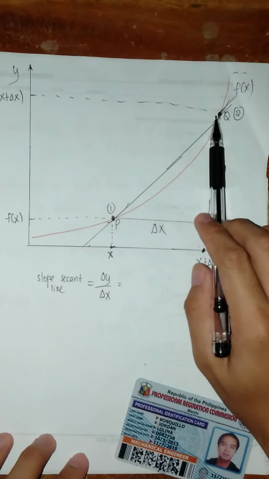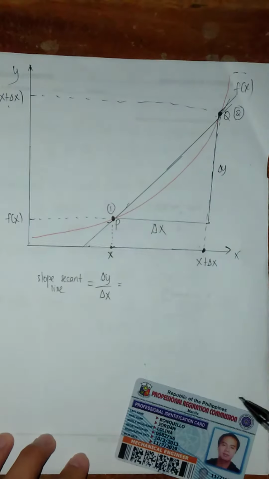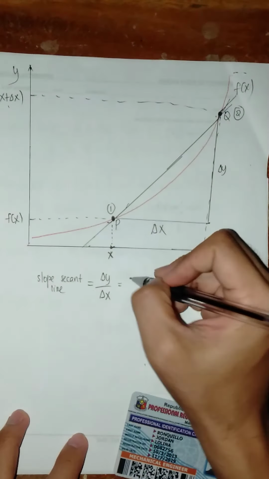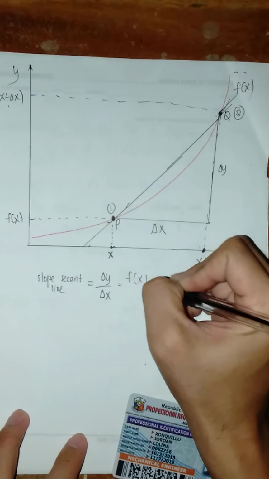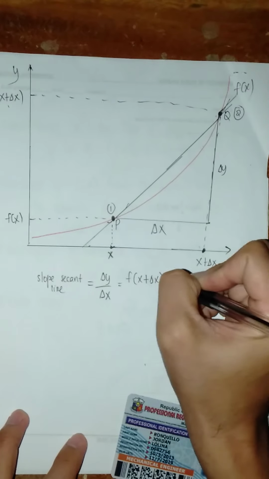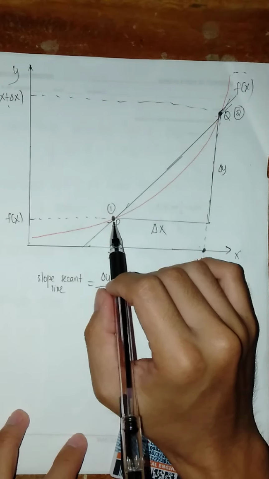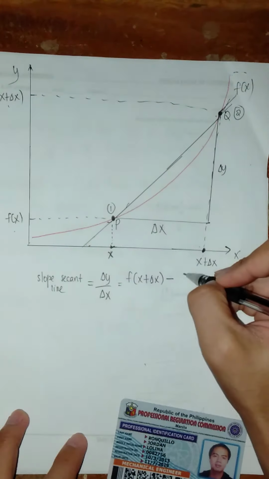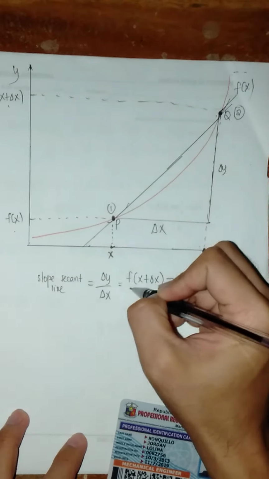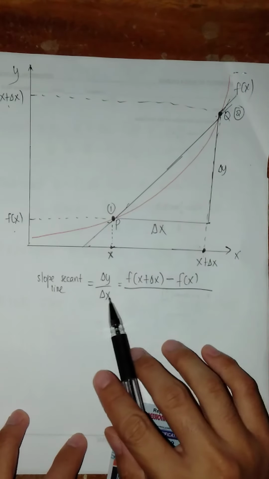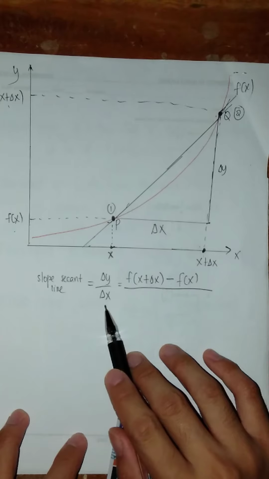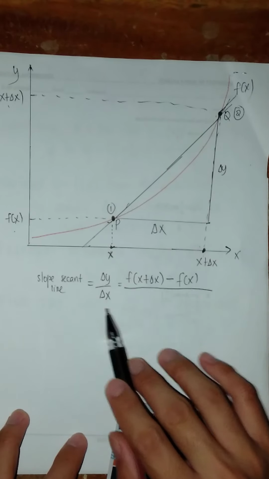So, what is your y of 2? Diba ito? Y of 2 is your function of x plus delta x minus y of 1, f of x. Diba? All over delta x. Delta x is x of 2 minus x of 1. So, ano yung x of 2 mo? Diba ito?